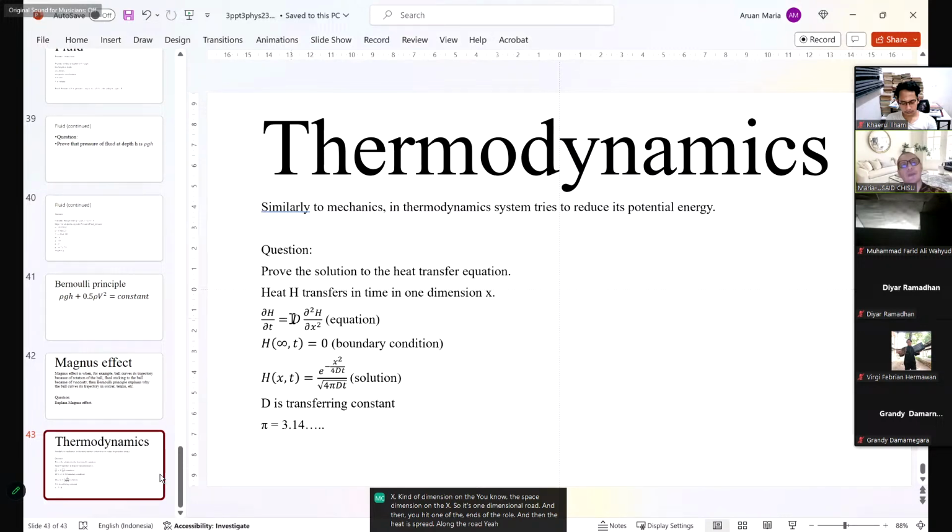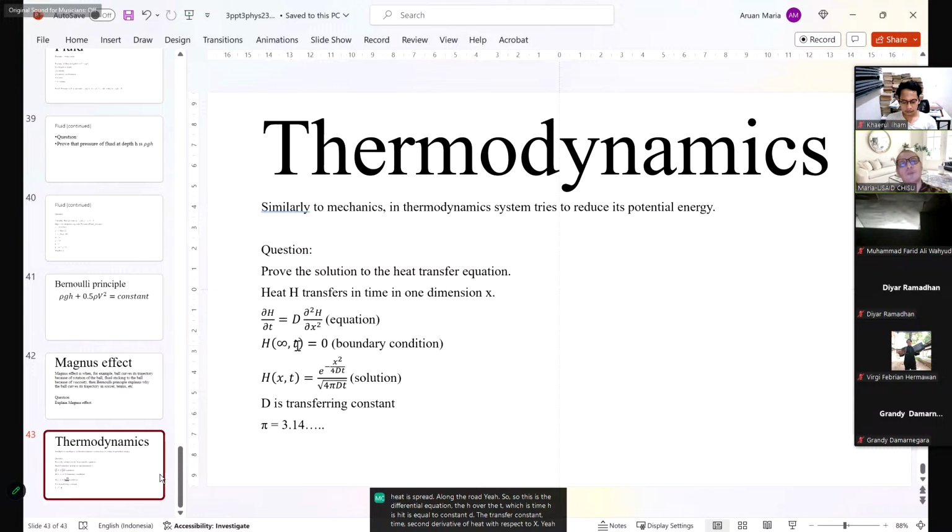So this is the differential equation: dH over dt, where t is time and H is heat, is equal to a constant D, the transfer constant, times the second derivative of heat with respect to x.